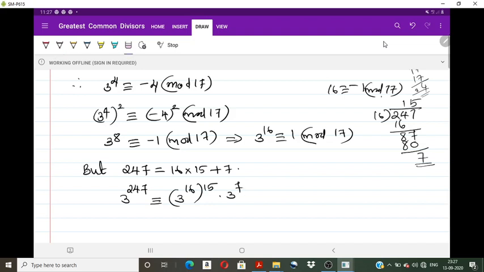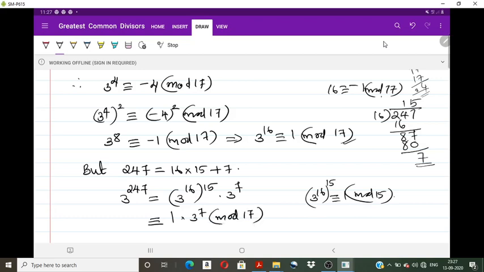Now 3 raised to 16 is congruent to 1 modulo 17. So 3 raised to 16 raised to 15 is congruent to 1 raised to 15, that is again 1. So it is congruent to 1 into 3 raised to 7 modulo 17.